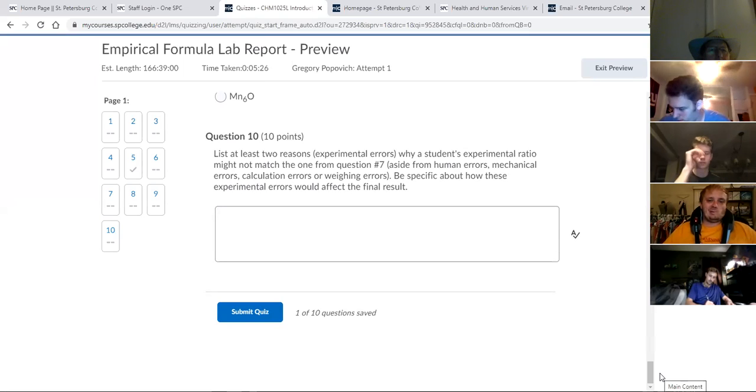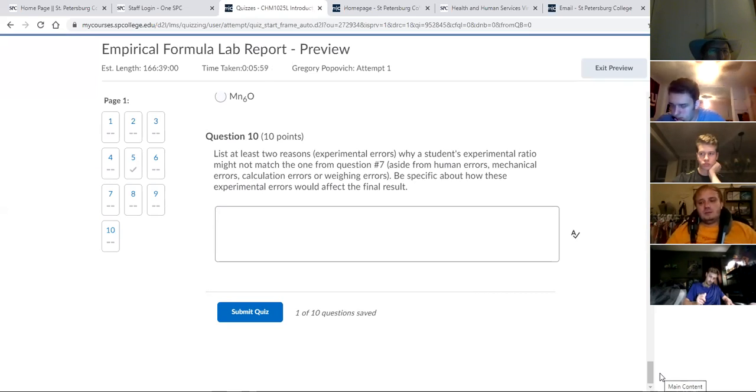How is that going to affect your results? It's not going to give us the most accurate or true product. Is your molar ratio going to be high or low? Low. Okay, let me go through the reasoning with you.